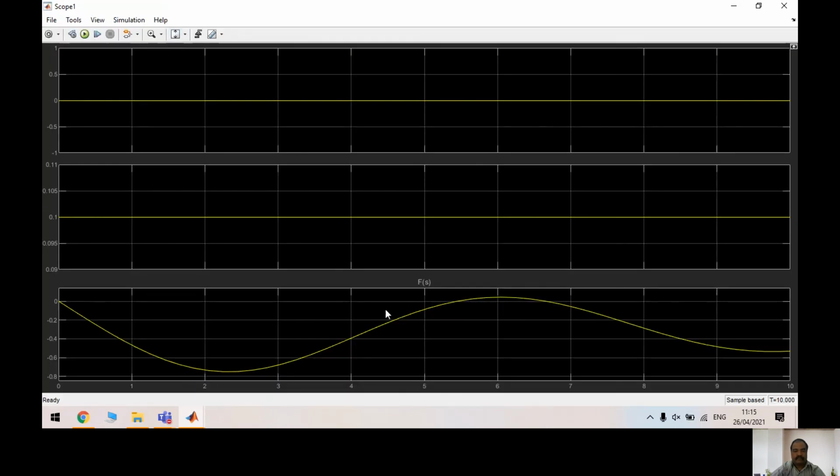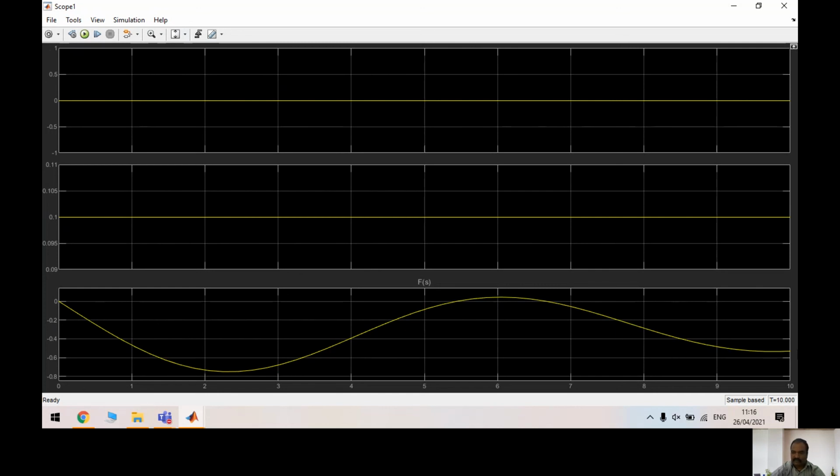Yeah, if you see, the first one is the delta PC of S. This is delta PD of S. That is 0, isn't it? If you carefully see, the manual power command is 0. There is an automatic demand of 0.1, which is 10%. See the change in frequency, it is continuously varying.